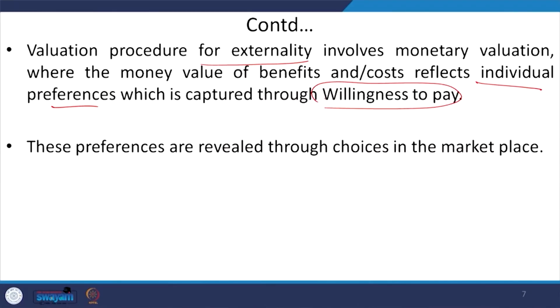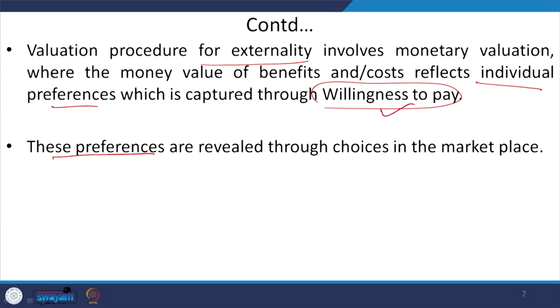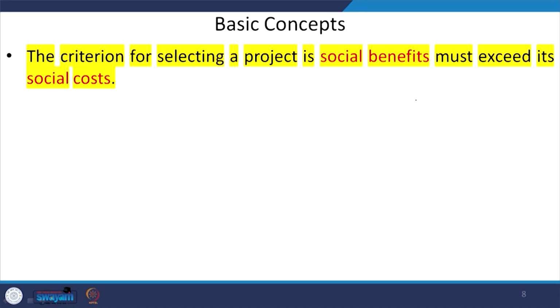These preferences are revealed through different choices in the market price, because we are comparing the market price, which is the revealed preference, and willingness to pay, and there would be some difference between willingness to pay and the market price itself, which is leading to the concept of a surplus.